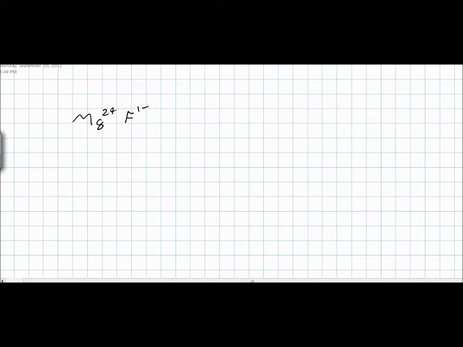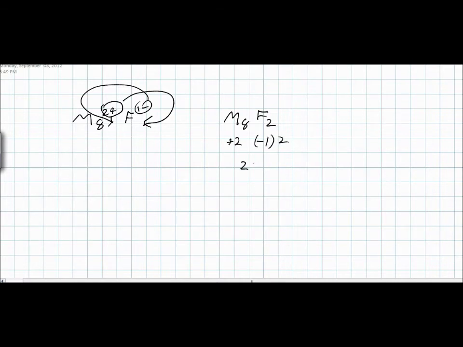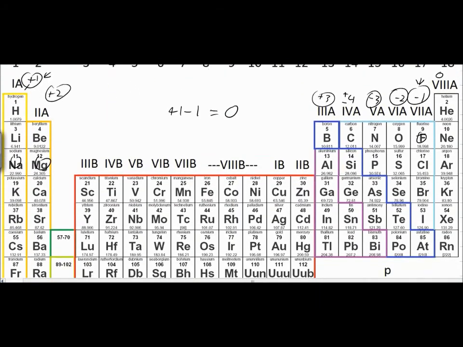So what we're going to simply do is take this number and put it down here, and this number and put it down here. The reason for that is then we get MgF2, and then since Mg has a +2 and fluorine has a -1, and then that is multiplied by 2, we then have 2 minus 2, which equals 0. This molecule looks good.